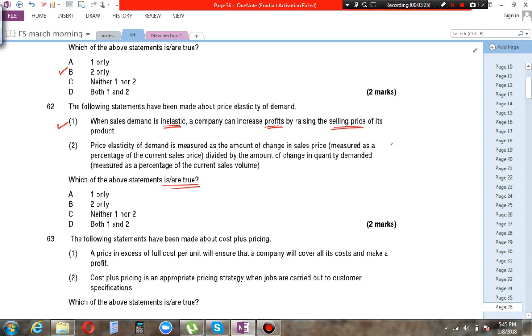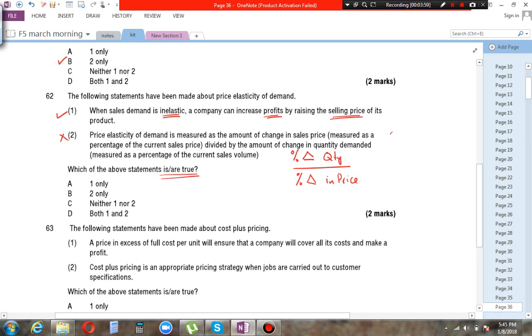Actually, this statement is wrong, because the formula of price elasticity of demand is percentage change in quantity divided by percentage change in price. The statement has the actual formula upside down, right? So the first statement is right and the second statement is wrong. So the right answer is only A.